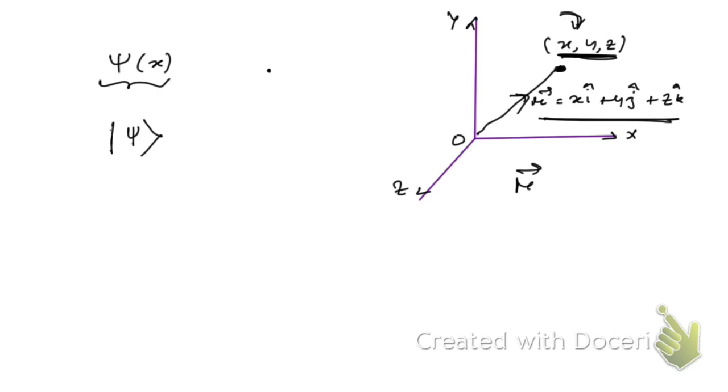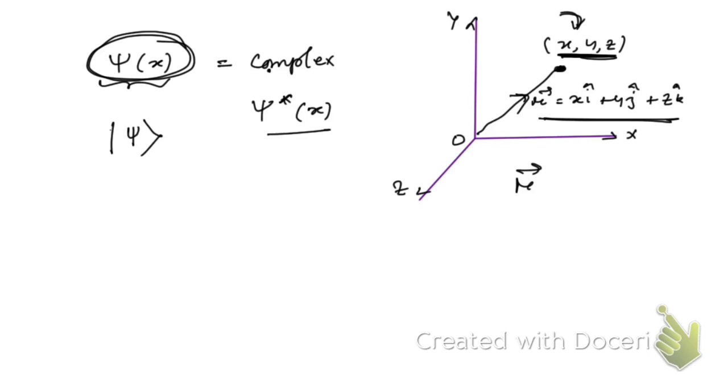This wave function is a complex function. So its complex conjugate is represented by psi star. In Dirac notation, we write the conjugate using a bra. This is called the bra notation, and this is the conjugate of the ket.